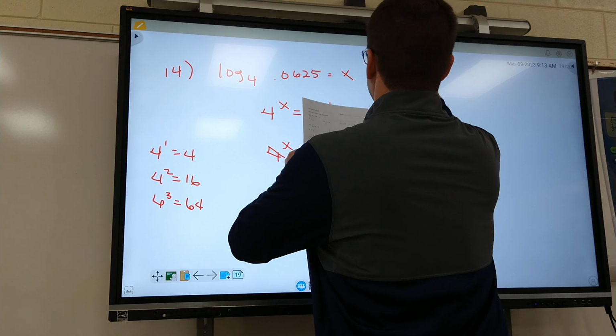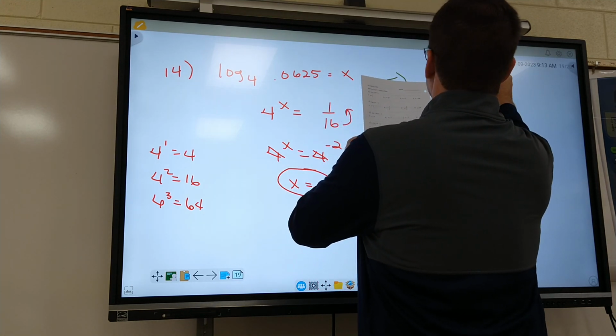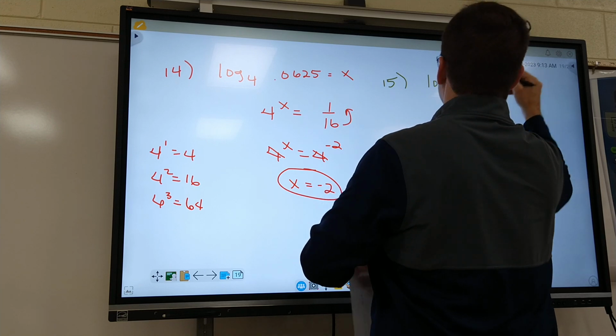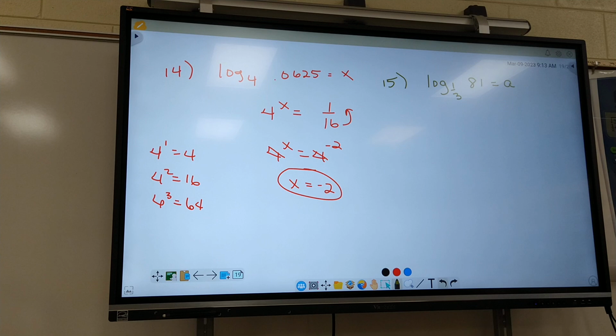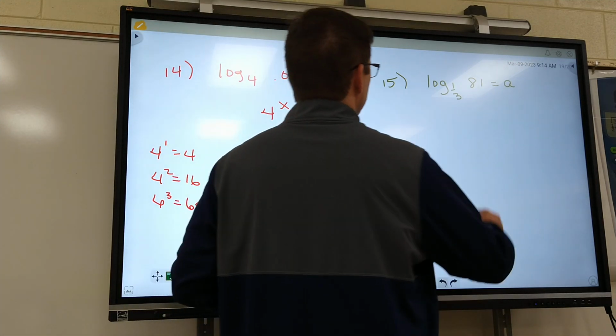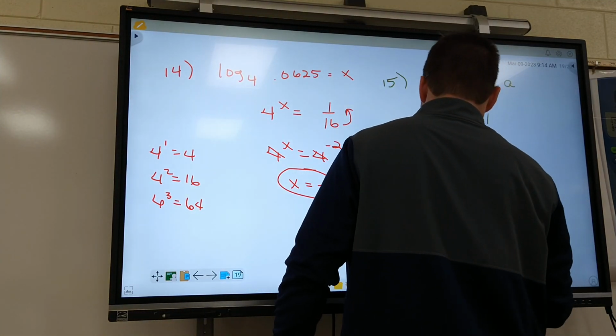All right, 15. Log base 1/3 of 81 equals x. All right, how do we set it up? 1/3 to the x equals 81. All right.